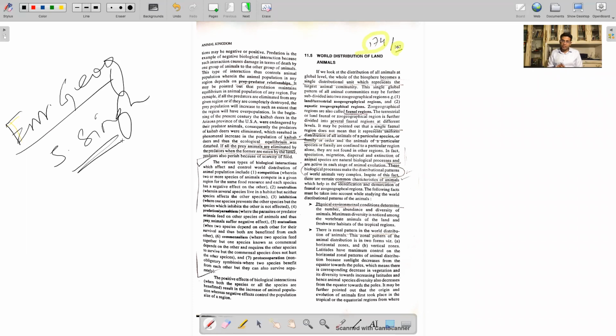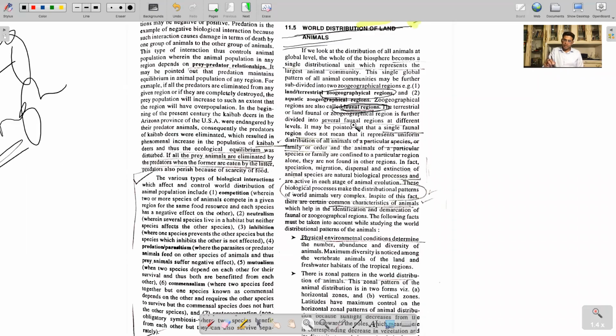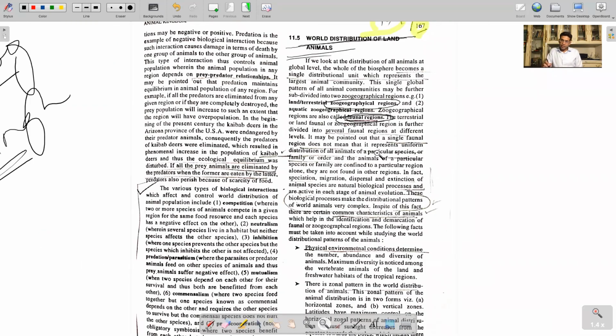So in this, some important discussions is that the world is divided into what are also called the faunal regions or zoogeographical regions. This says that the biological processes basically imply the process of speciation, migration, dispersion, extinction.